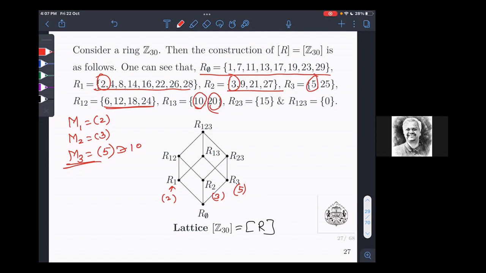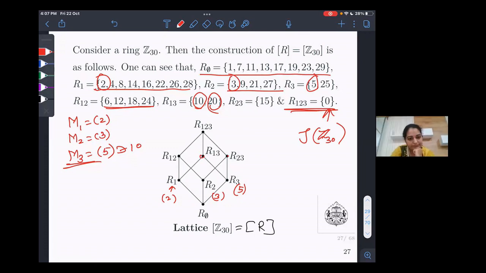And R13 again, M1 and M3, which are there in R13 and R23, and this will be the Jacobson radical of Z30. I think hopefully things are clear. Yes, sir. So I got a lattice, which is a Boolean lattice 2 to the power 3, constructed from the ring Z30.